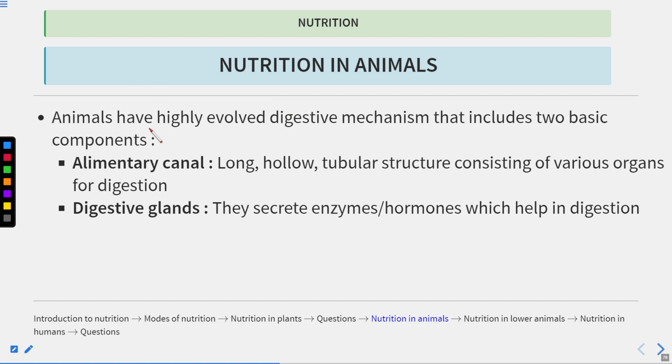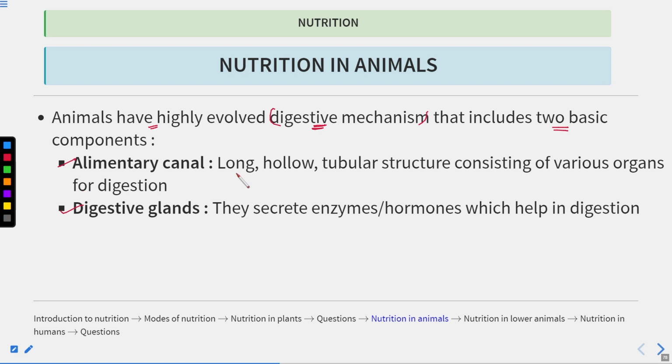So animals have highly evolved digestive mechanisms. If we talk about the higher organisms, they have specialized digestive organs or specialized digestive mechanisms that help in the digestion process. So what are the components? Two basic components of the digestive system: the alimentary canal and the digestive glands.